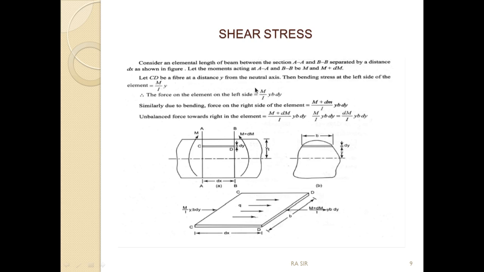This is much greater than the other one, and this unbalanced force is given by dM by I y b dy. If we integrate this equation, we will find the intensity of shear.